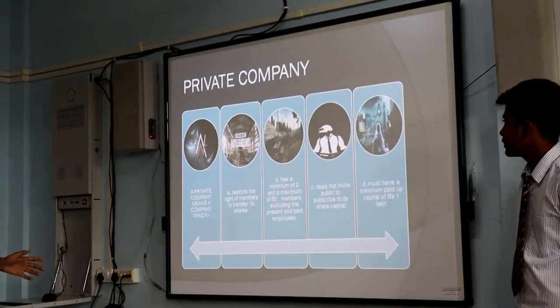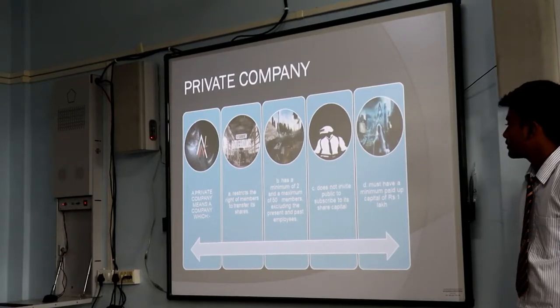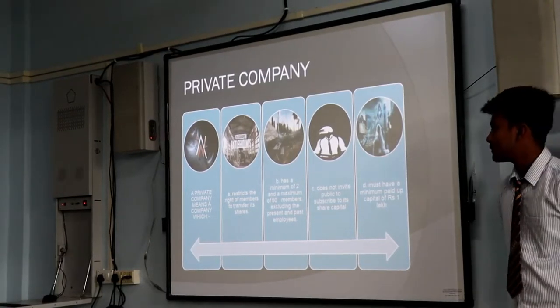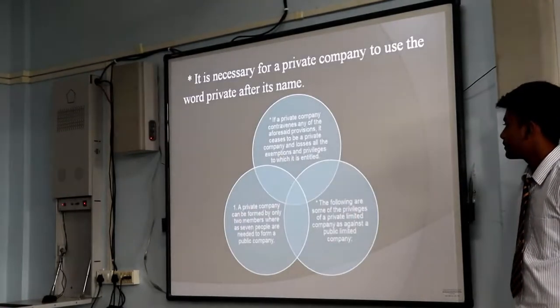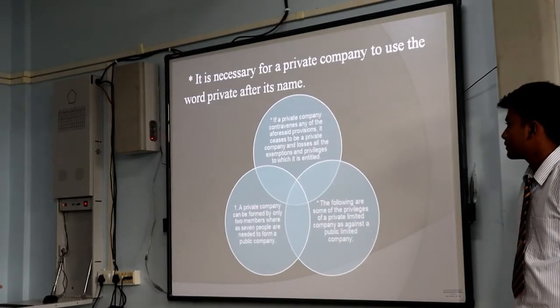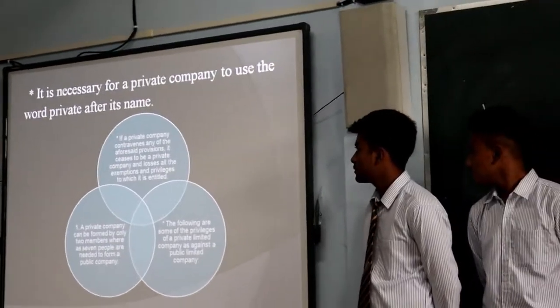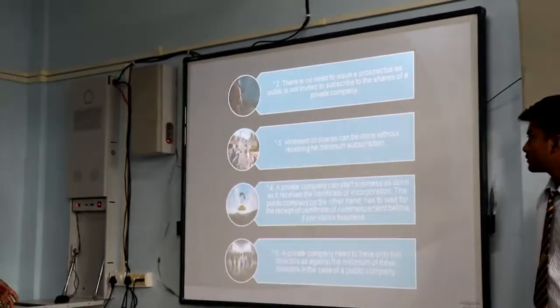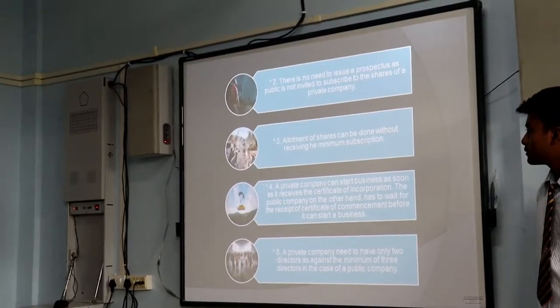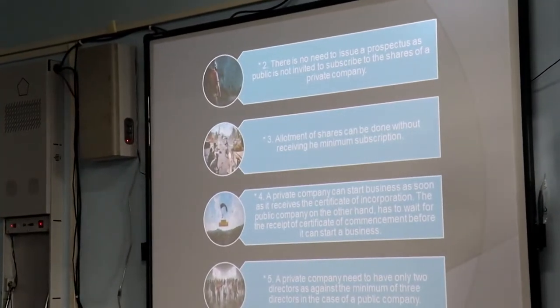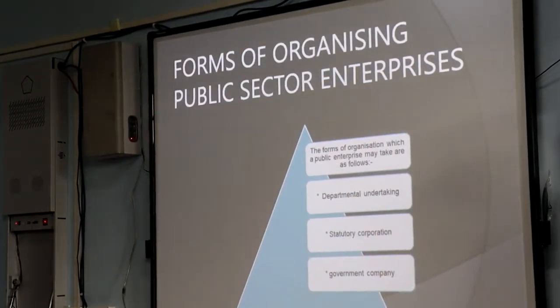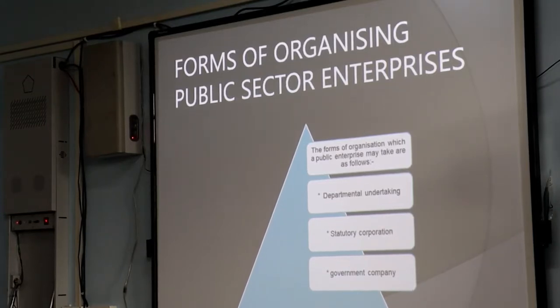So here is a private company. It is necessary for a private company to use the word private after its name. So here is the diagram. This is forms of organization, public sector enterprises.